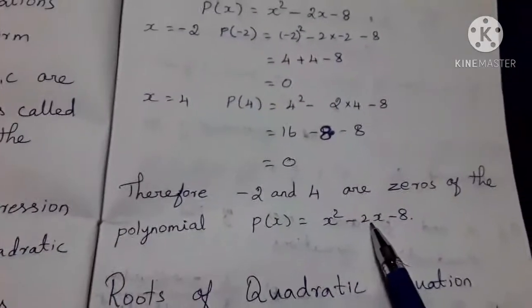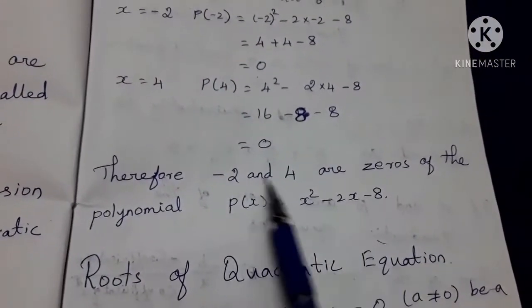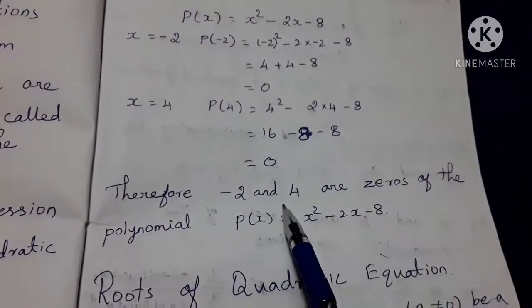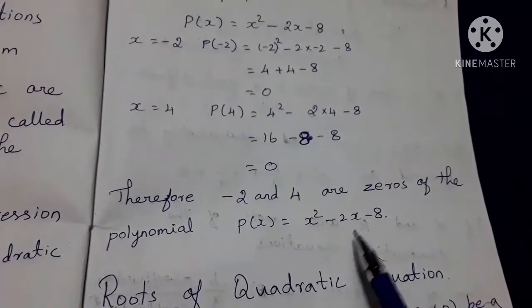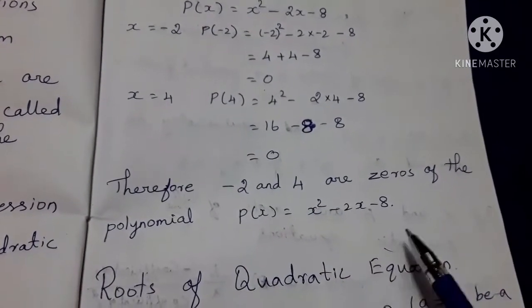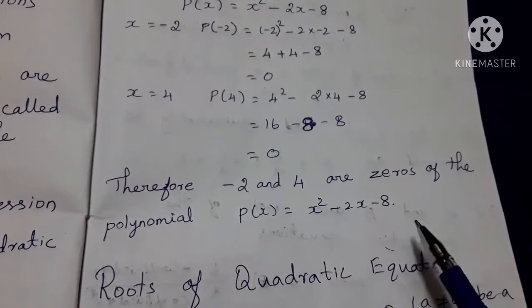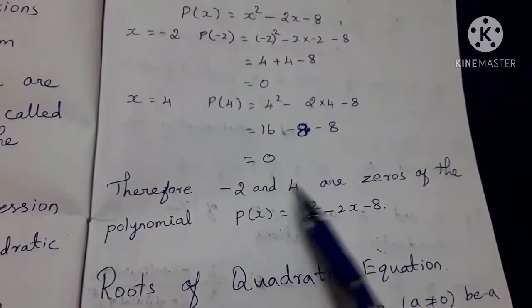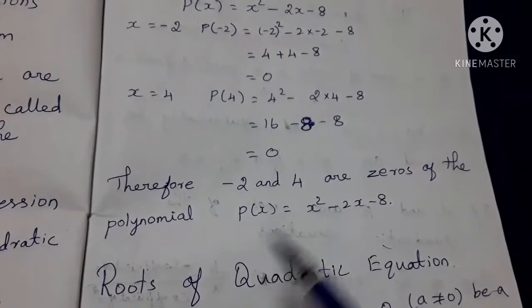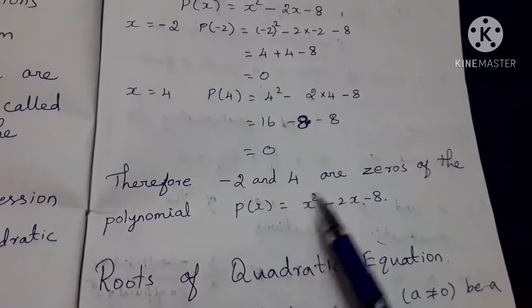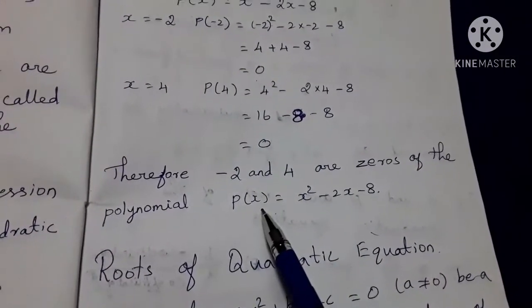Because when we apply minus 2 and 4, we get p of x equal to 0. So these numbers are called zeros of the polynomial.